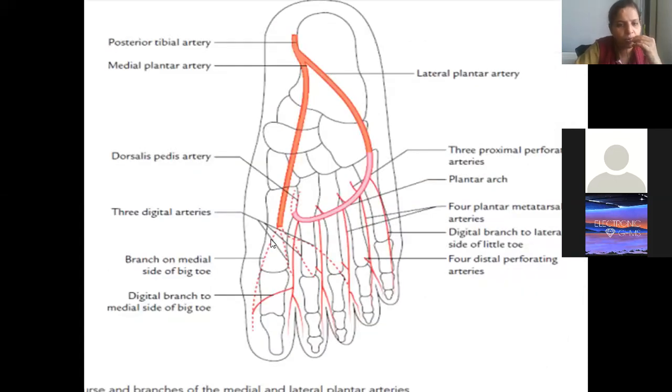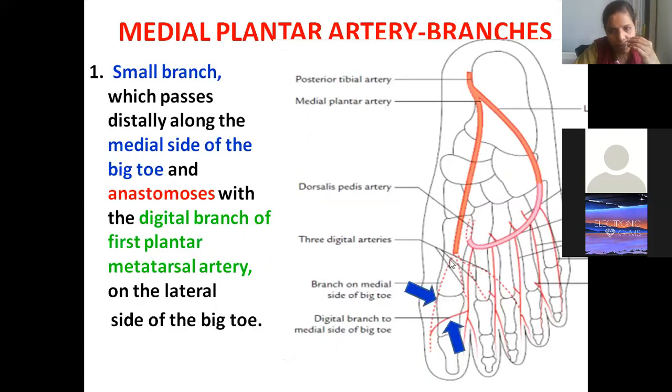Okay, what are those branches? One is going directly to the medial side, and then all these 3 are digital branches which are going and joining the plantar metatarsal arteries which are coming from plantar arch. Now see, this is the first one, small branch which passes distally along the medial side of the big toe. Okay, it anastomoses with the digital branch. This one is the digital branch of the first plantar metatarsal artery.